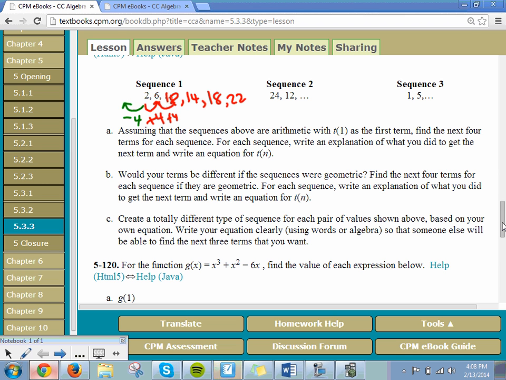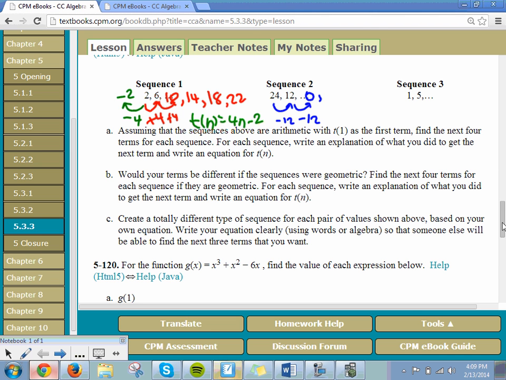So I'm going to subtract 4 this way, and I get a 0 term of -2. So my equation is going to be the constant. I'm constantly going up by a positive 4, so 4n, and then plus my 0 term, minus 2.